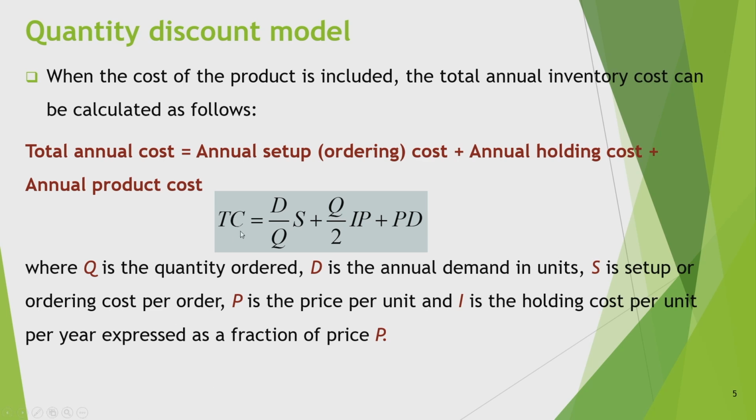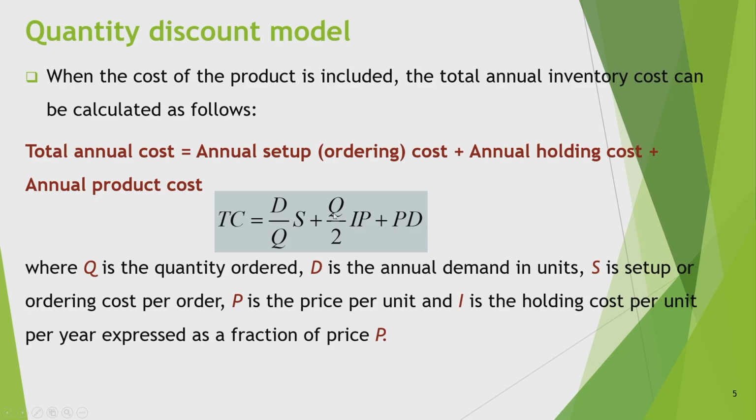Therefore, total cost is equal to D by Q into S, where D is the demand and Q is the quantity ordered. So D by Q is the number of times I should order, and each time you incur S amount of money, so D by Q into S, plus Q by 2 into IP.